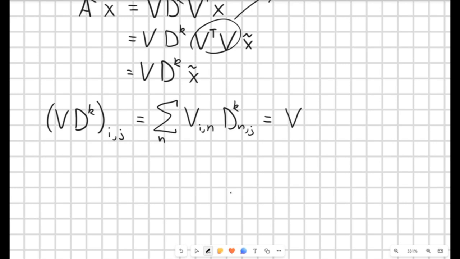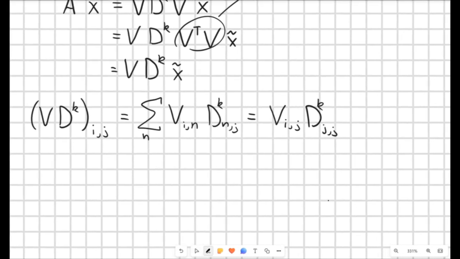So we end up with V ij multiplied by D to the power of k jj. Remember that D is just the eigenvalues on its diagonal, so D to the power of k has the eigenvalues to the power of k on its diagonal, so this all ends up being equal to V ij times the jth eigenvalue to the power of k.